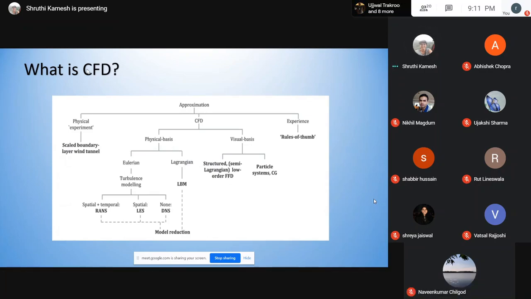So in this Eulerian description, we have the basic equations of fluid dynamics, which are called the Navier-Stokes equations, a set of continuity, momentum, and energy equations which are, as of now, pretty much impossible to solve unless you make several simplifications. One particular way of looking at it is RANS, which is Reynolds-averaged Navier-Stokes. It essentially says that I have my velocity, pressure, etc., and I will split it into a mean part and a fluctuating part, because you want to account for the uncertainties in the flow as well.